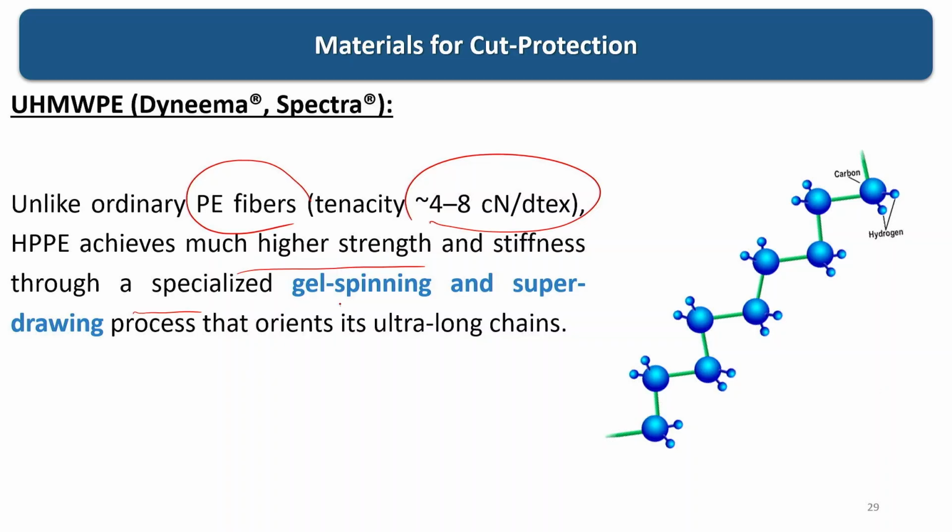During this process, the molecules are oriented into ultra long chains. This is the main reason we get very high tenacity compared to normal polyethylene fiber.